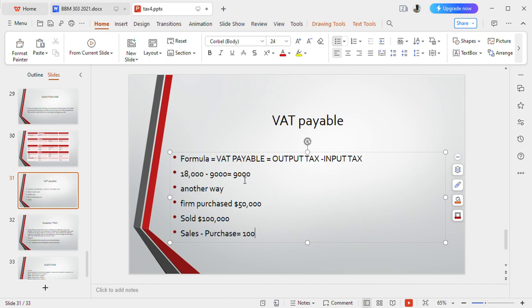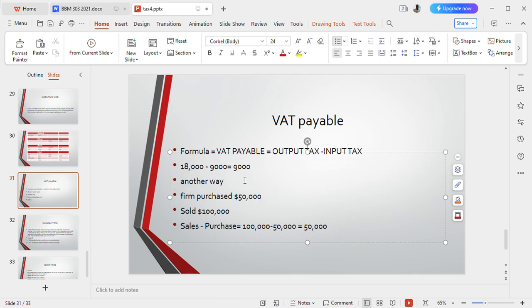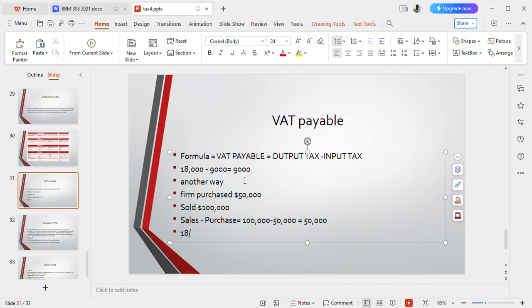Here we have $100,000 minus $50,000. So you get $50,000. Then subject the tax rate. What was our tax rate? It's 18 divided by 100 times 50,000. Again, we get the VAT payable to be $9,000. Simple as that.